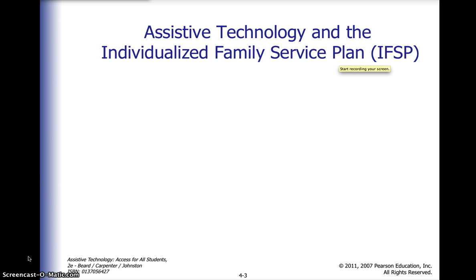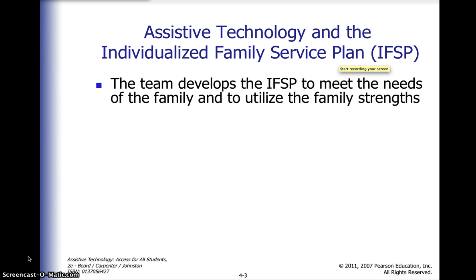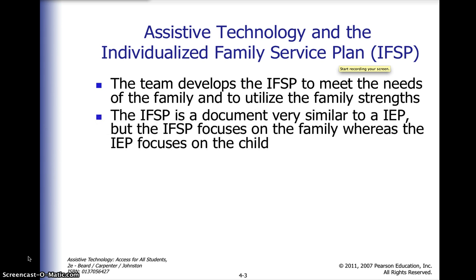Assistive Technology and the Individualized Family Service Plan, IFSP. The team develops the IFSP to meet the needs of the family and to utilize the family's strengths. Well, ideally, the family's included in that process. The IFSP is a document very similar to the IEP because we're making individual accommodations, but we're really also planning for developmental benchmarks and how to achieve those.